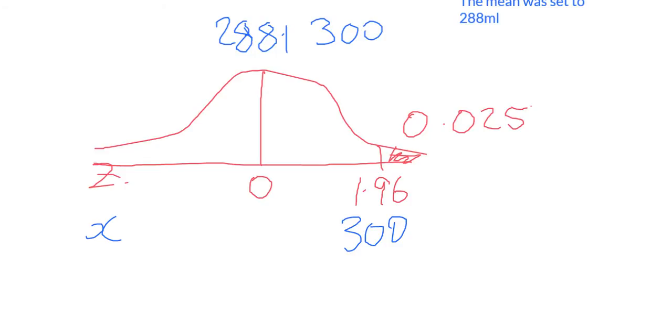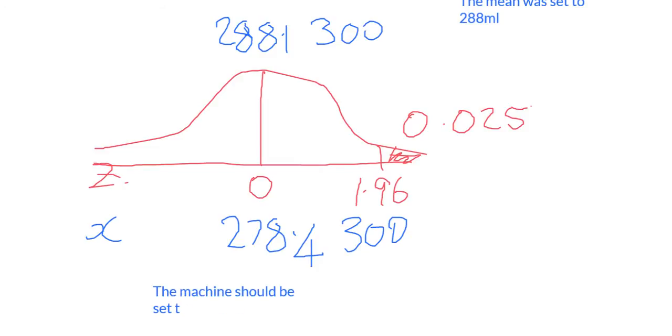So therefore we have to go 300 minus 21.56 to get, it should be set to 278.4 milliliters. And that's how we do these sort of problems.